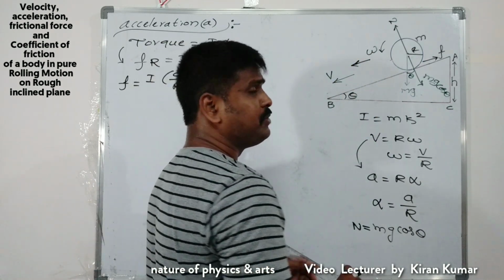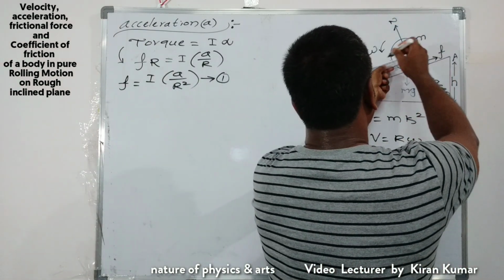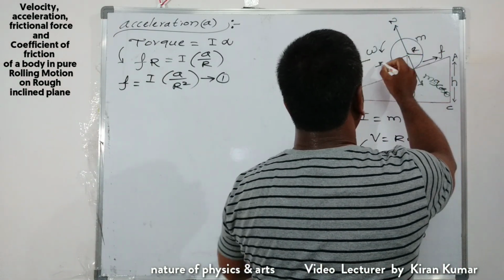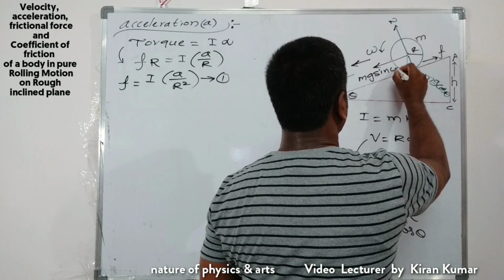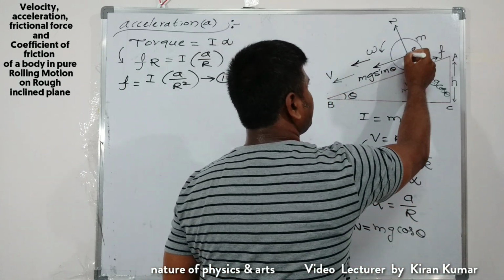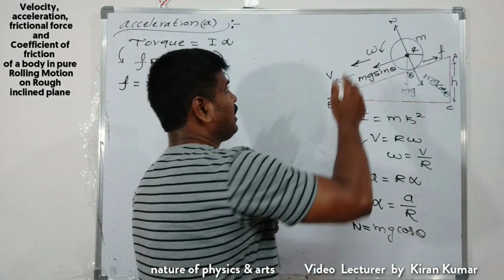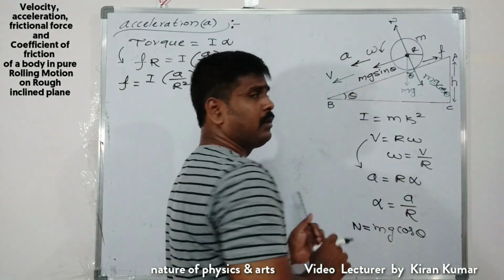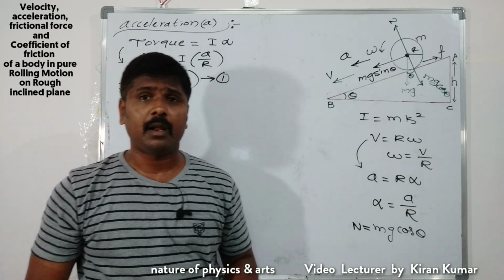And next, mg sin theta is the component along the incline. Continuing the discussion, a mass M is moving with an acceleration a, so we can apply Newton's second law.